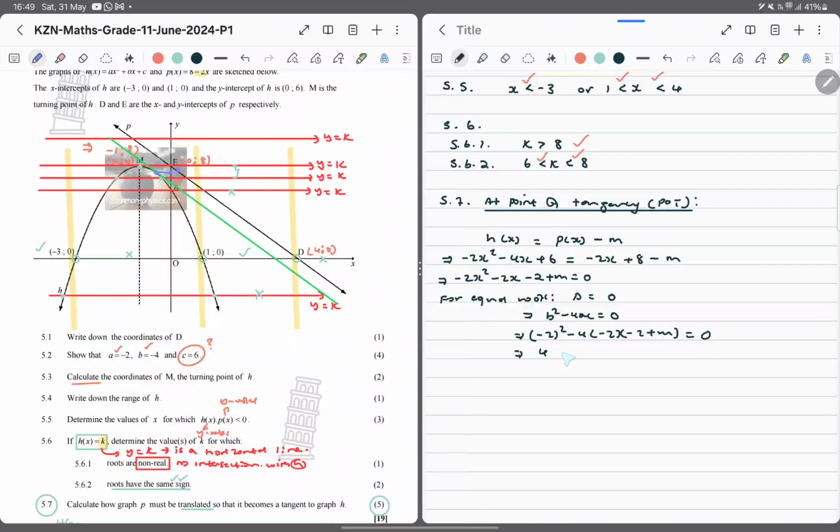This implies that 4 plus 8, no, this is 8 times, this is minus 16. 4 times minus 16. So this is 8 times, this is going to be plus 8m equal to 0.